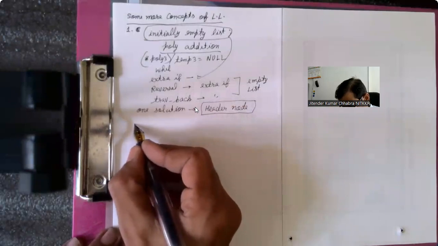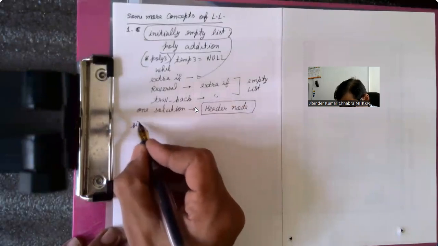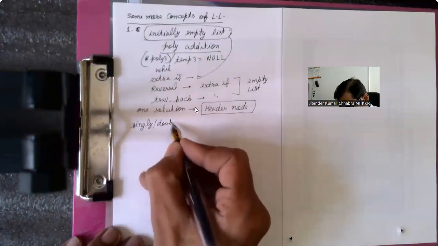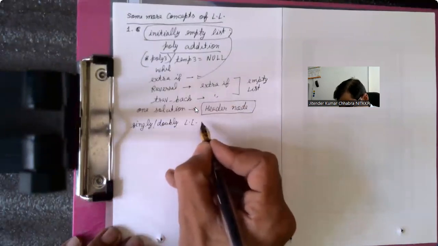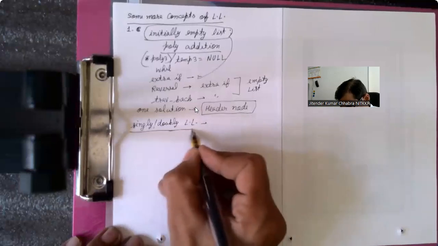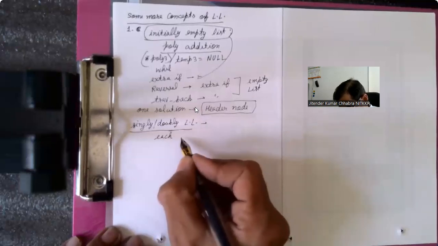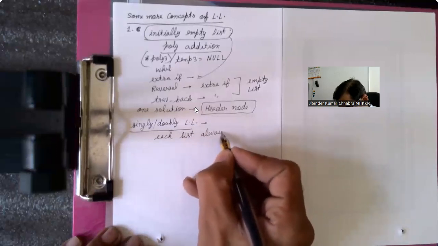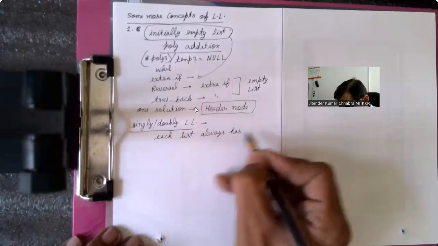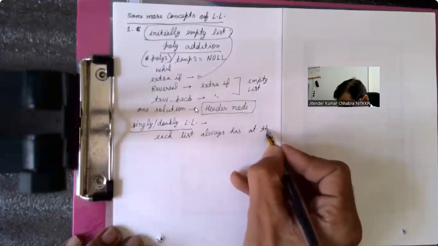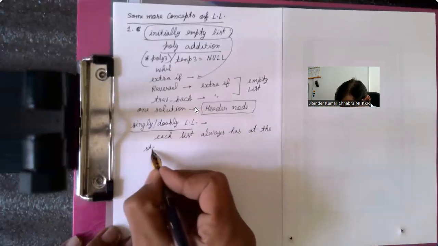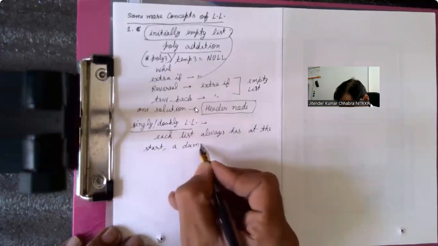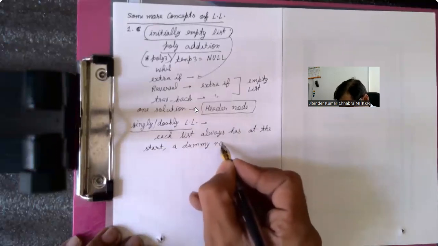So in this case, whether I'm talking of a singly linked list or doubly linked list, in both cases, any kind of linked list I'm maintaining, each list always has at the start a dummy node, which we call a header node.